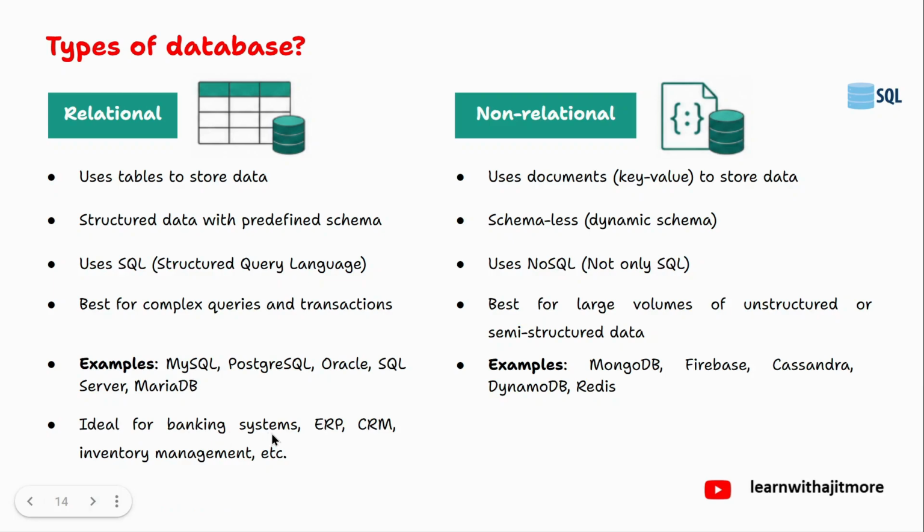Best example, banking system. In a banking system, the structure cannot change at runtime. When the banking system is developed, each table and its design is already fixed. So customer information, branch information, account details, transaction details, employee details, everything is fixed. ERP system, you take.